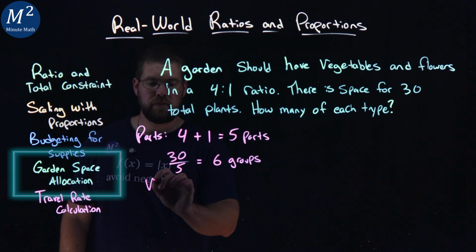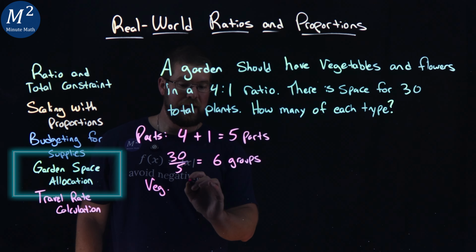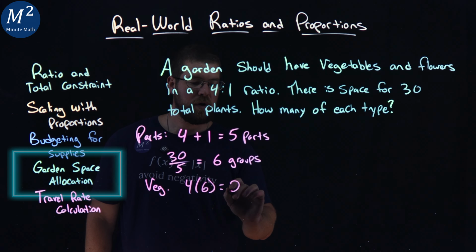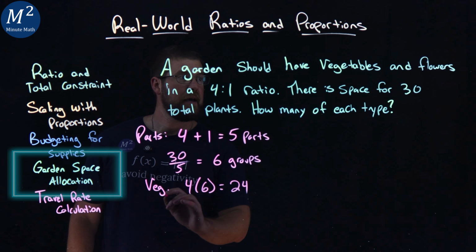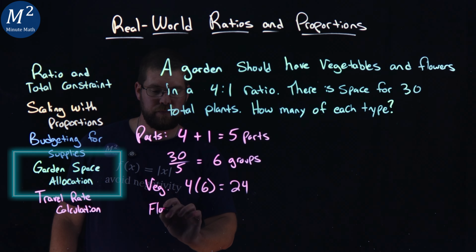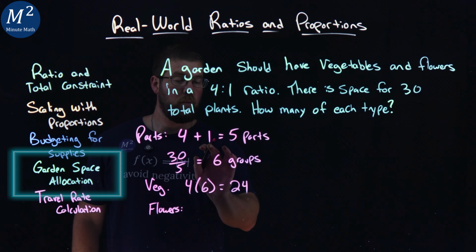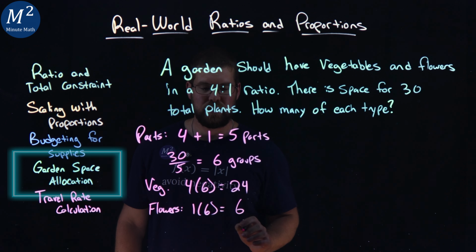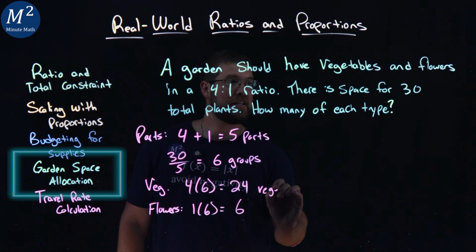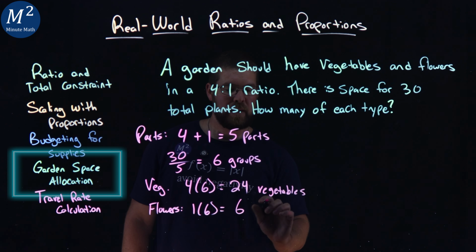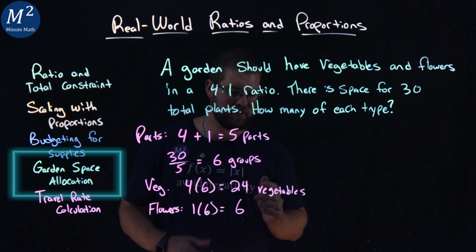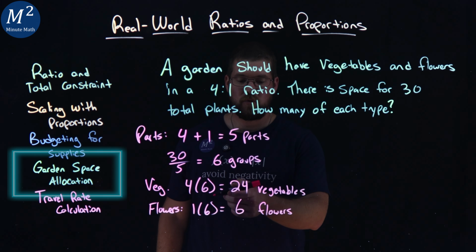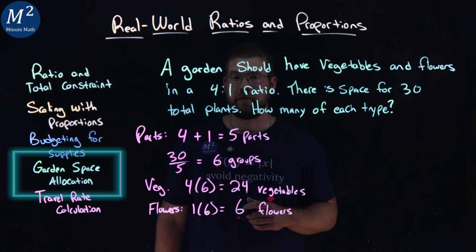The number of vegetables would be 4 times 6, which gives us 24. For flowers, there's only one part, but there are 6 groups of that, and 1 times 6 is 6. Okay, I misspoke there. So we have 24 vegetables and 6 flowers.